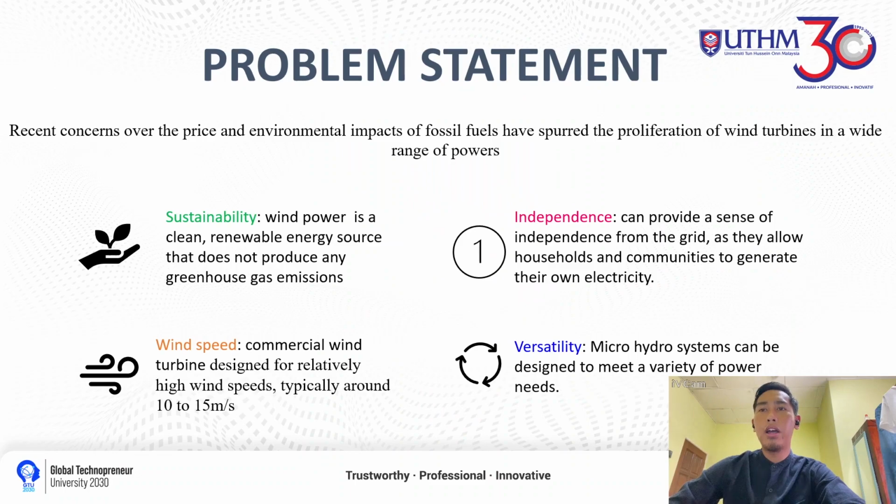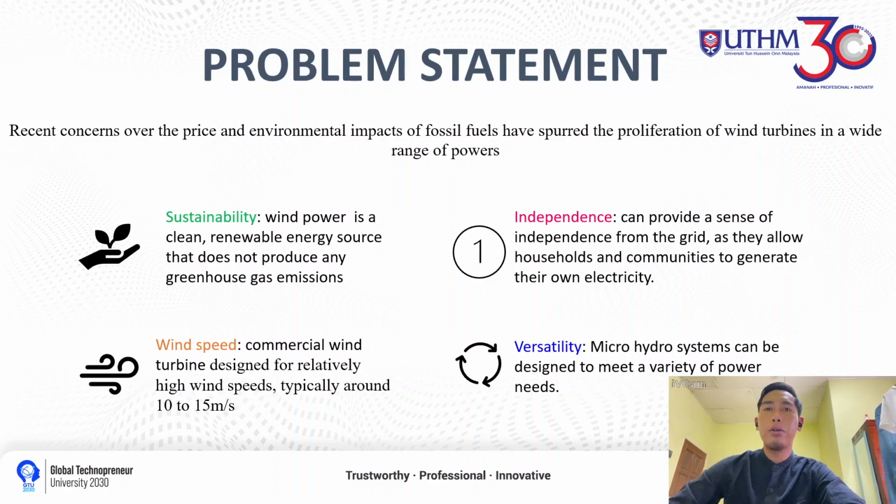Why did we choose this topic? This is because recent concerns over the price and environmental impacts of fossil fuels have spurred the proliferation of wind turbines in a wide range of powers. Wind turbines are sustainable, because wind power is a clean source. All renewable energy is a clean source, and it doesn't produce any greenhouse gas emissions.